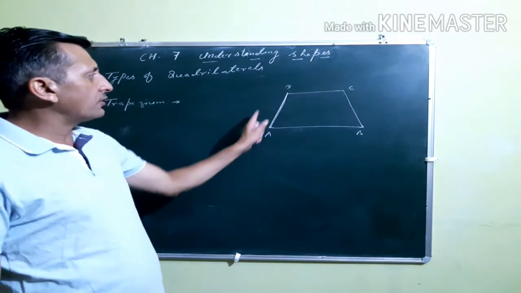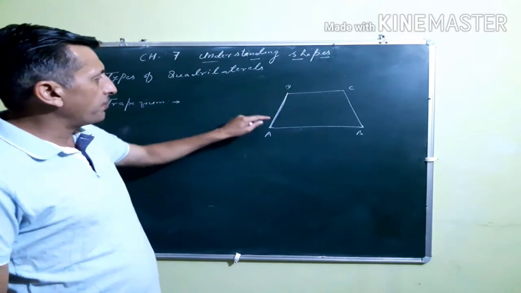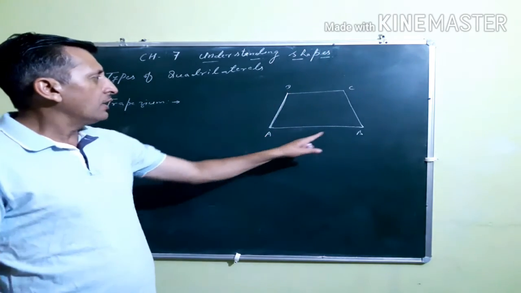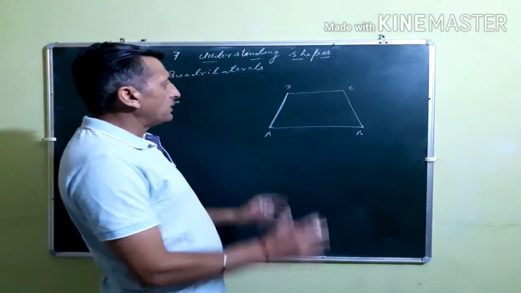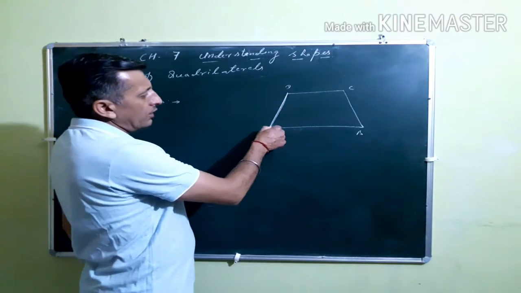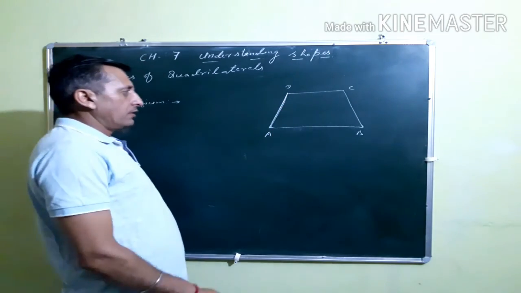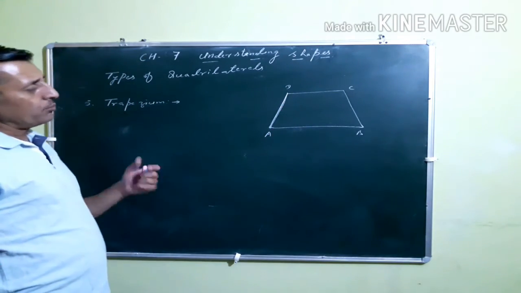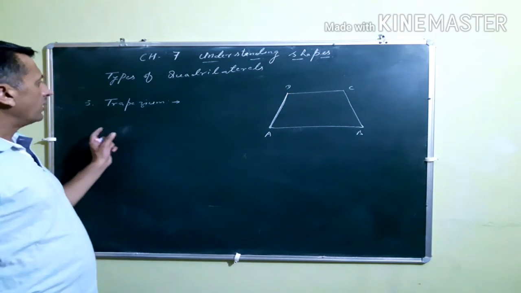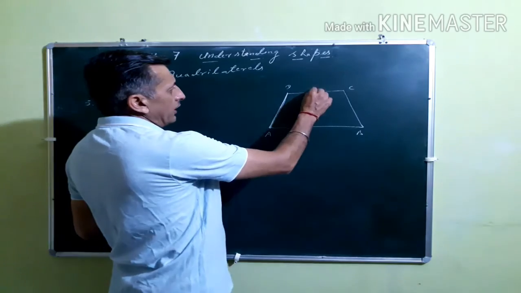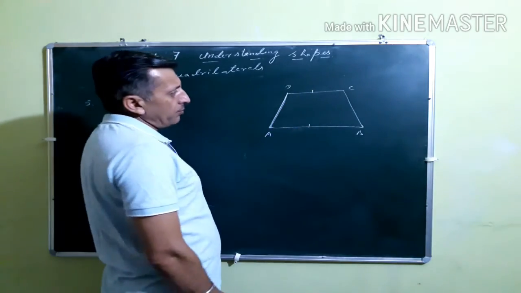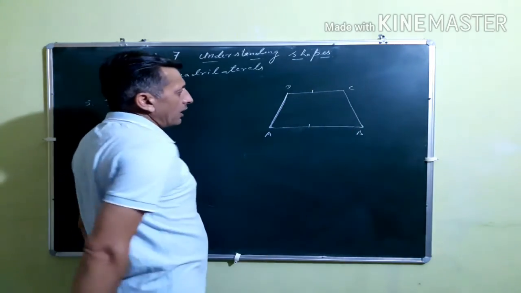Once again, this is a closed picture. All the sides, 1, 2, 3, are joined with each other. So you can say the end point and the initial point coincide with each other. So that's again a quadrilateral. But in this quadrilateral you see that these sides are parallel, but this and this are not parallel.